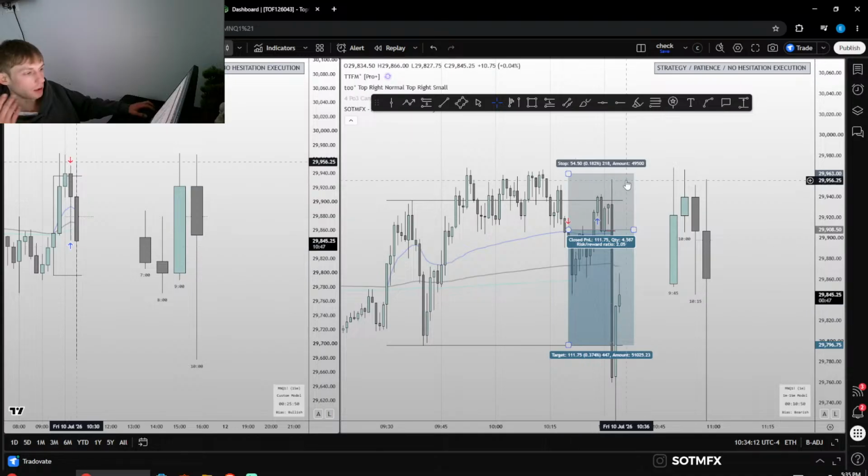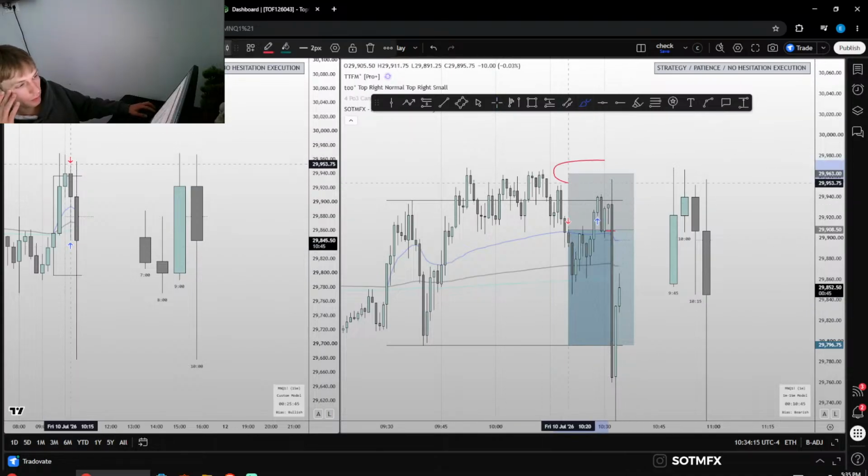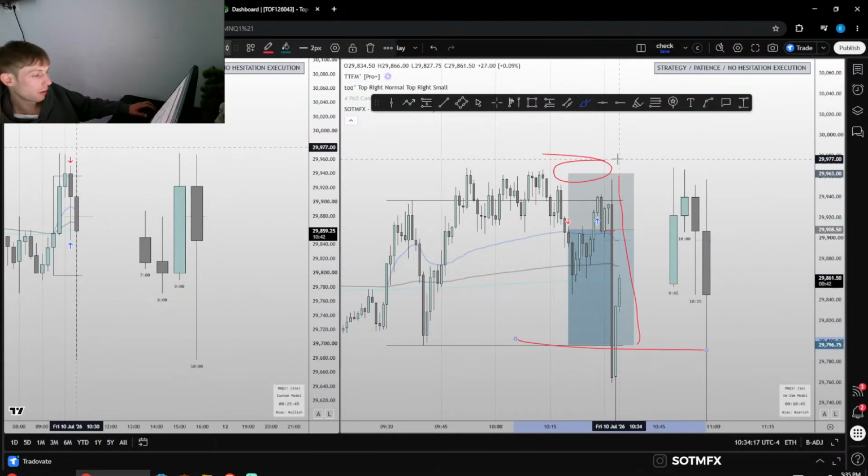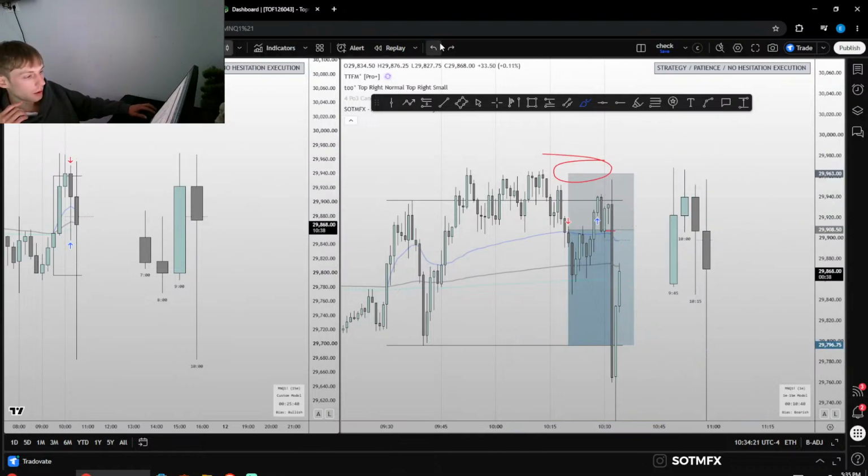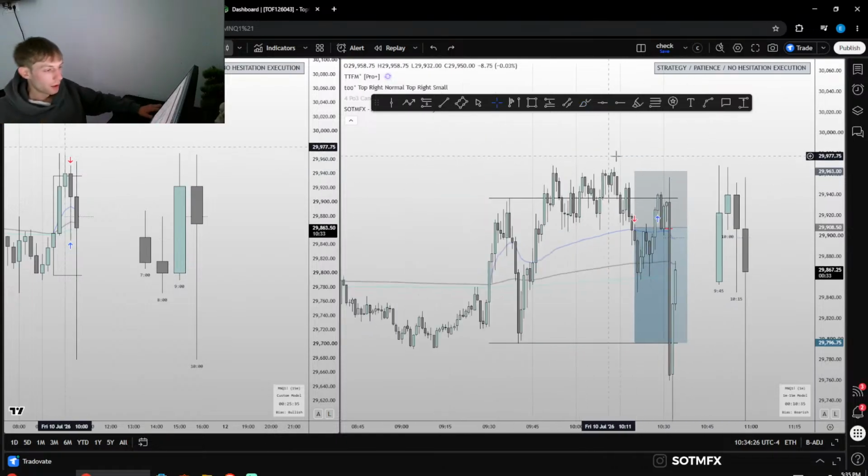It is what it is. And also, price could have just stopped me out and then pushed lower, right? You never know. So, I mean, it's fine. That's completely fine. But I mean, double break trade, it is what it is.